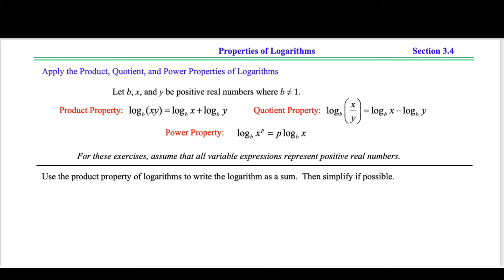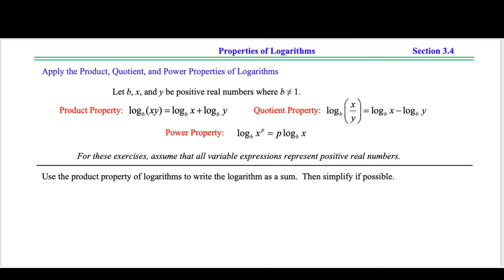And then the power property states that the logarithm of some value raised to an exponent, such as x raised to the power of p, we can write in a different form where the p gets multiplied by the logarithm. So the logarithm of x raised to the power of p is equal to p times the logarithm of x.